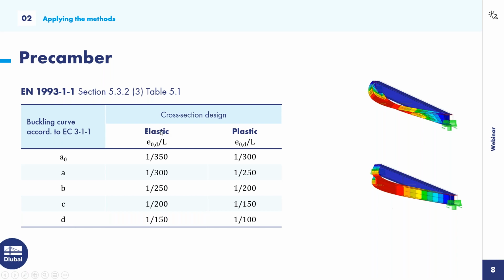The warping torsion analysis is an elastic design, as I already mentioned. Therefore, we need to apply not L divided by 150, but L divided by 300.